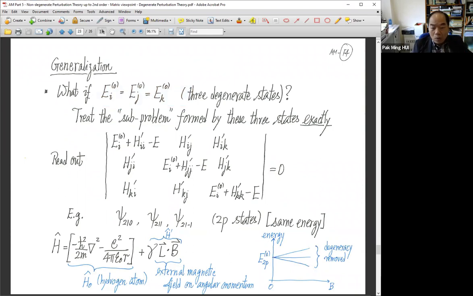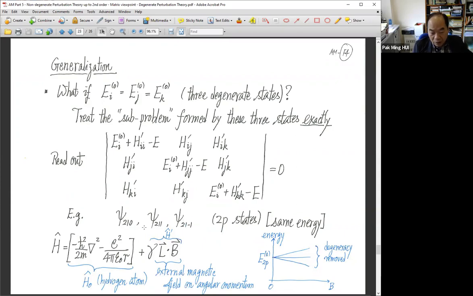An example for this problem is later on, we will consider something called spin-orbit interaction in an atom. So in an atom, you will have p states that are degenerate. Okay, so L equals 1 is p. So you have Y11, Y10, Y1 minus 1, the spherical harmonics. They are degenerate.